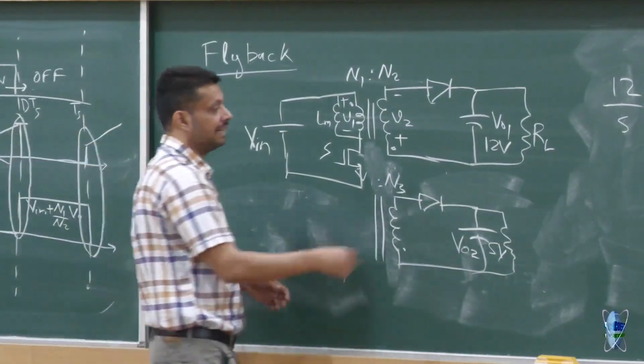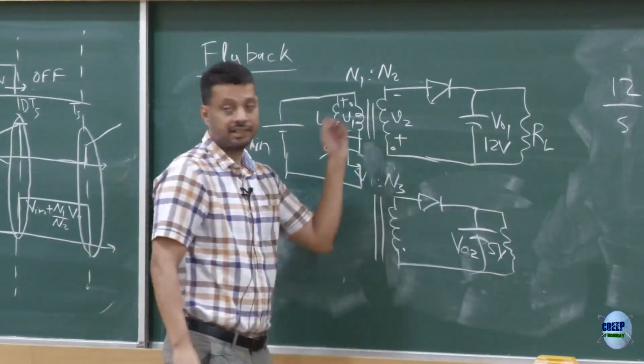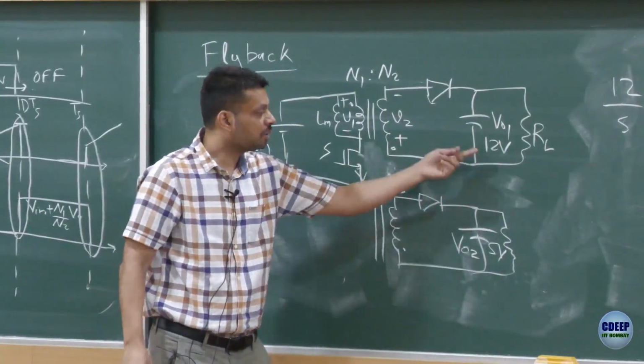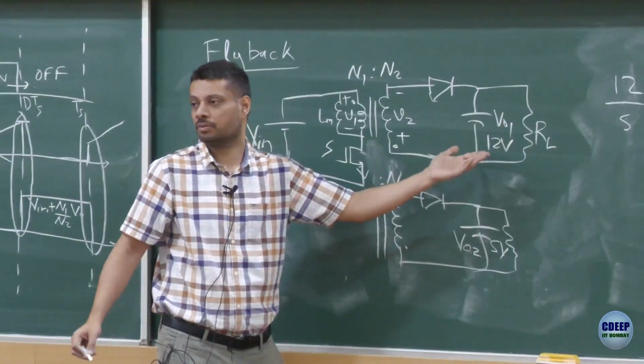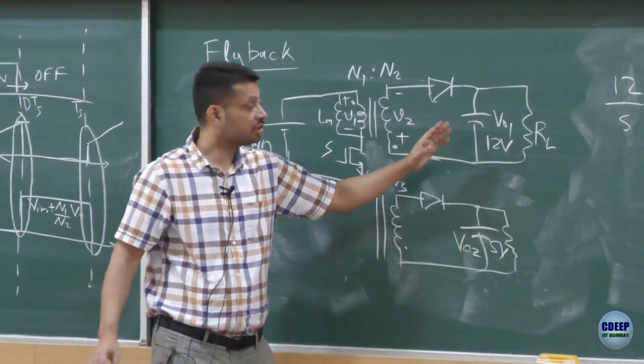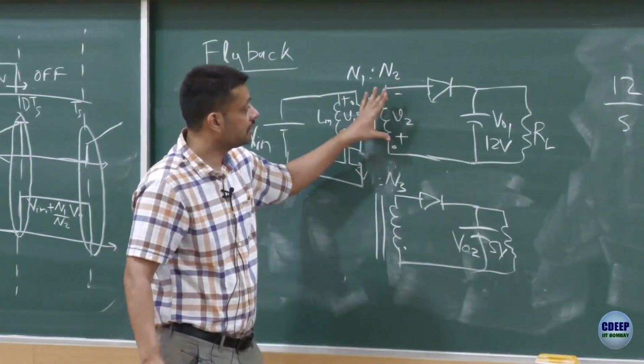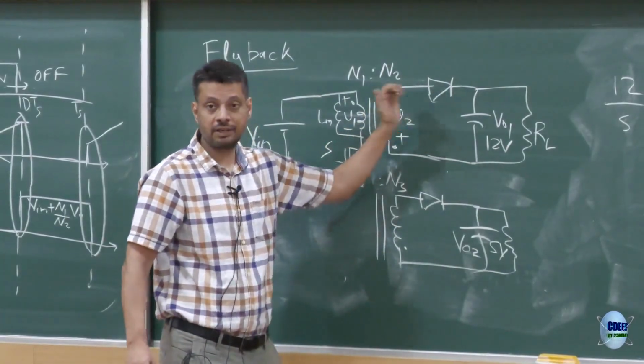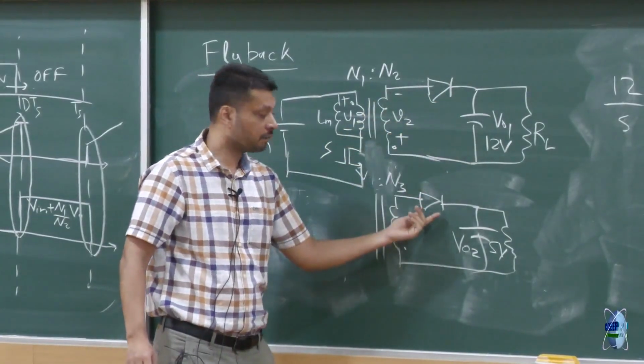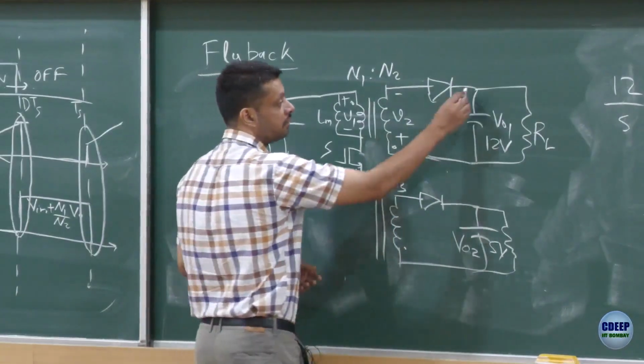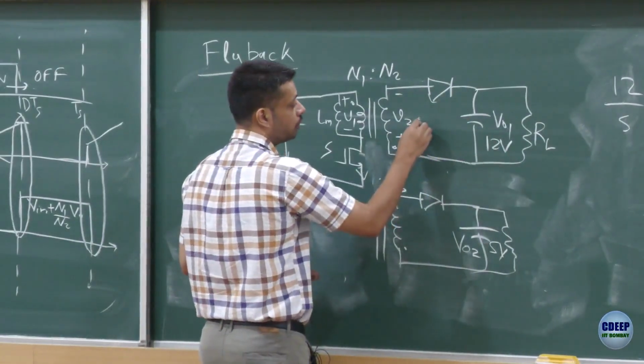So how it works is, let's say you want this to be 12 volt, you have designed the turns ratio based on that. Actually, somehow this voltage drops to 9 volts, hypothetically. So suddenly what will happen is, this diode will get forward biased and all the current will flow here, and this diode will remain reverse biased. If it gets forward biased, let's say this is 9 volts, so 9 volt will appear here.